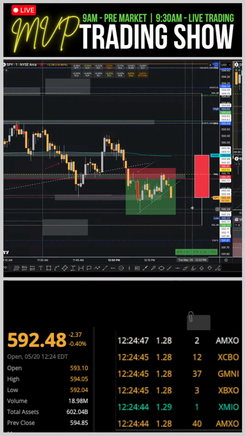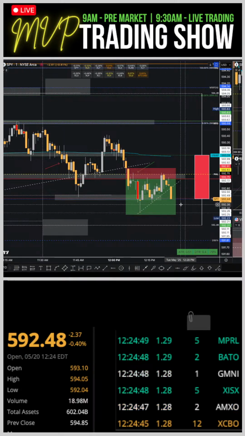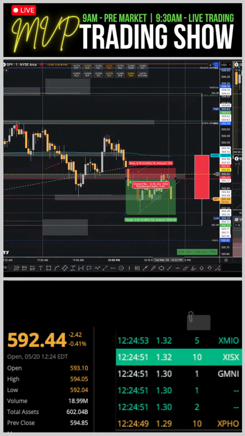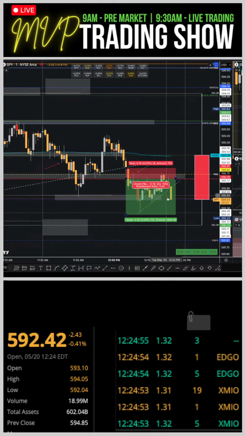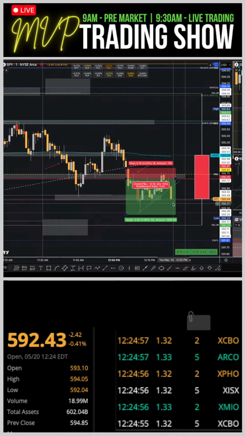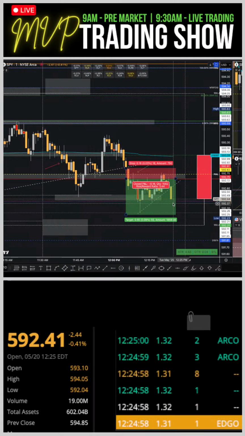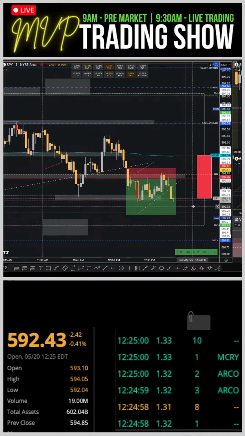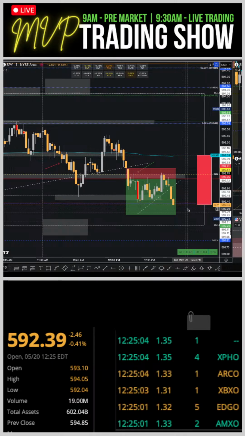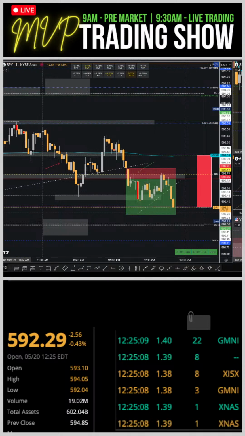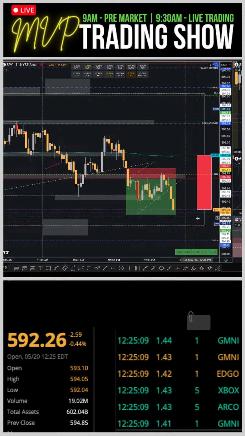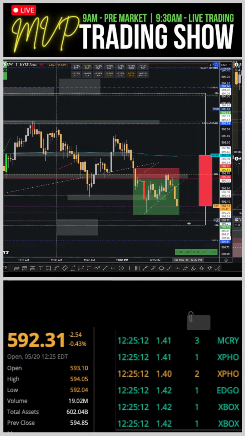Okay. We got that rejection off the key zone, upward accumulation. Upward compression. VIX is starting to pick up. A nice breakdown.